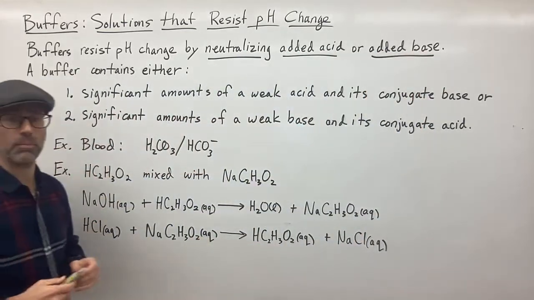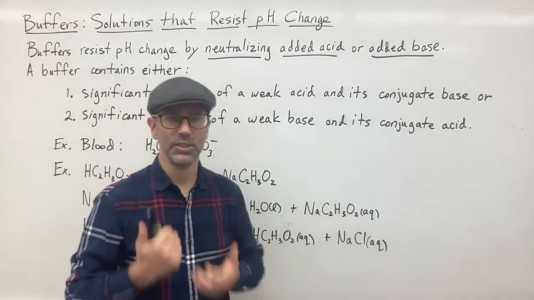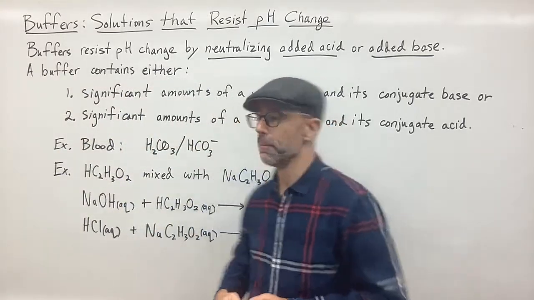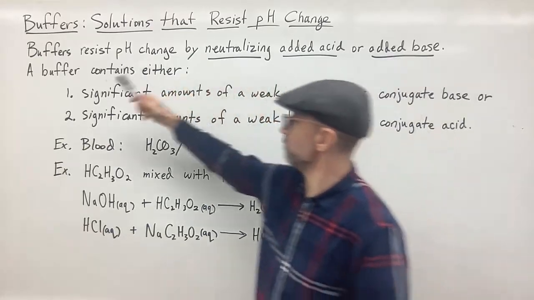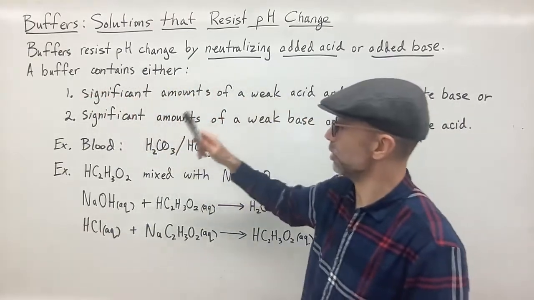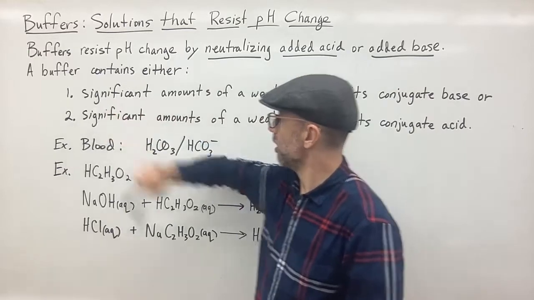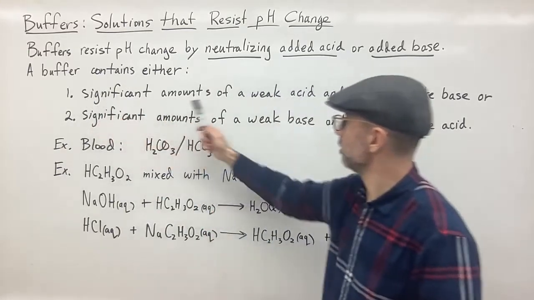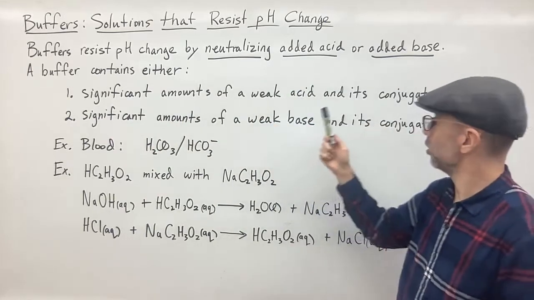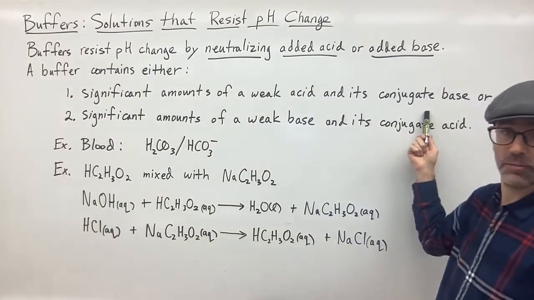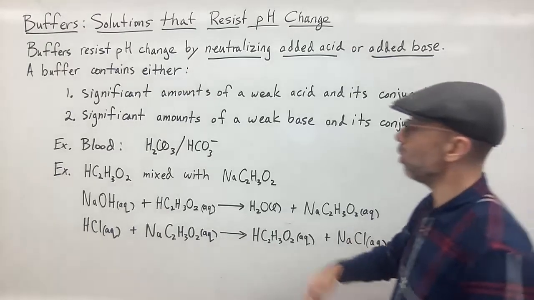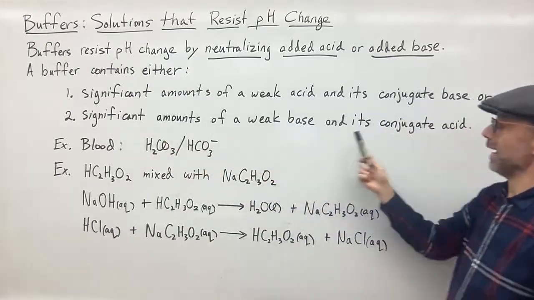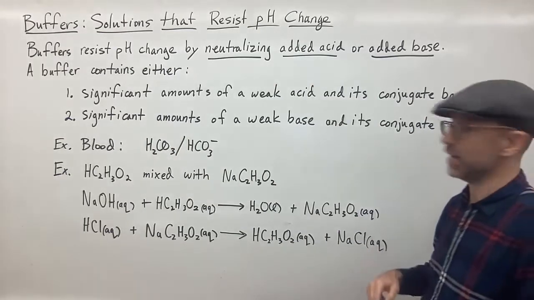So how does a buffer do that? How does it neutralize either an acid or base? That's because buffers contain one of these two combinations. Either significant amounts of a weak acid along with its conjugate base, or significant amounts of a weak base and its conjugate acid.